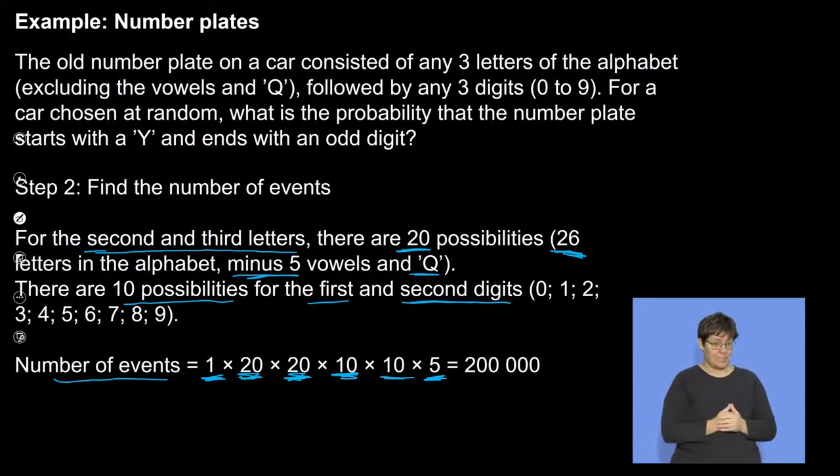Are we together? Then we multiply this. And what do we get? We get 200,000. So there's 200,000 ways of choosing a car registration that starts with Y and ends with an odd number.